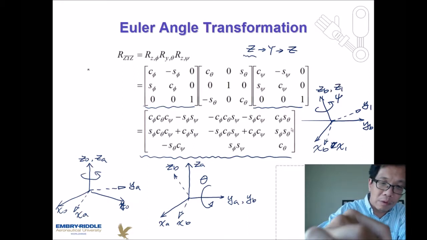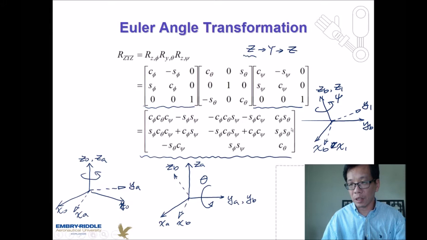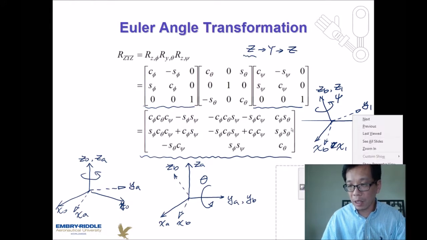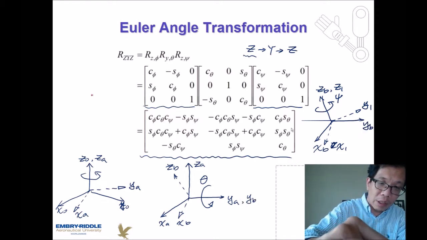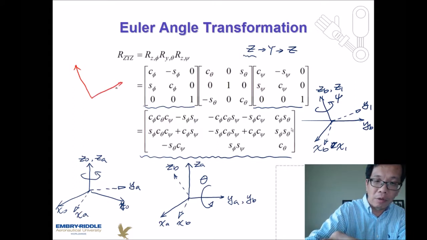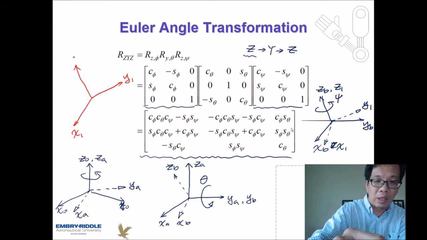Let's change to another color. Based on the transformation over here, the orientation of my new system is going to be X1, Y1, and Z1.